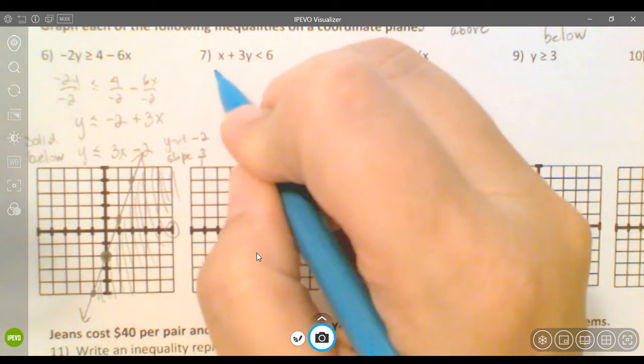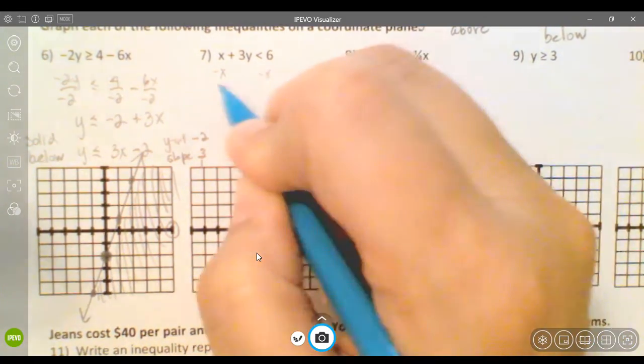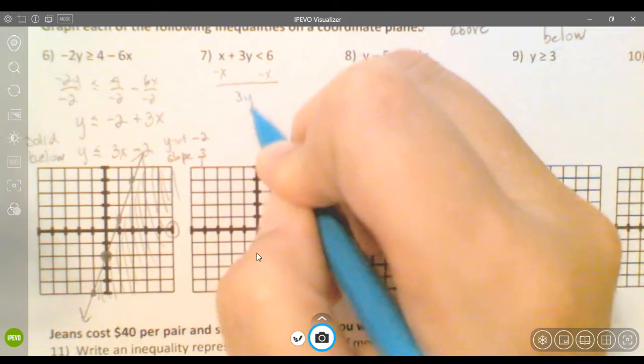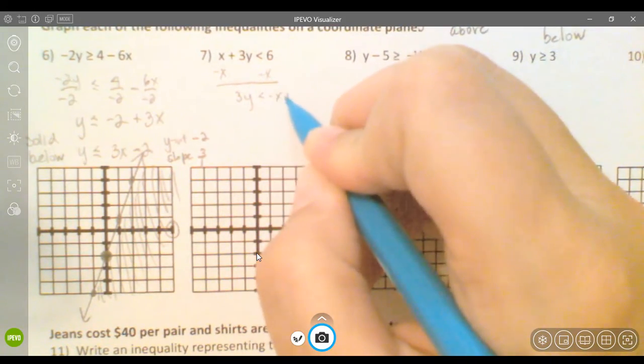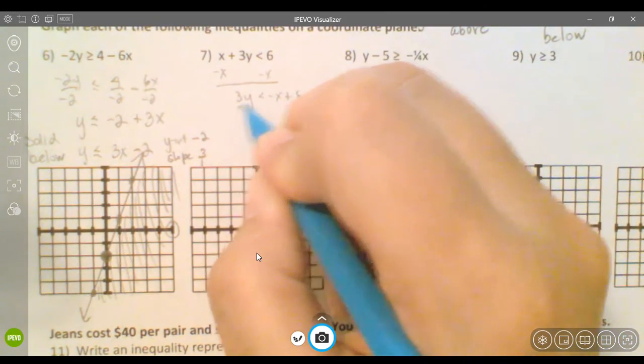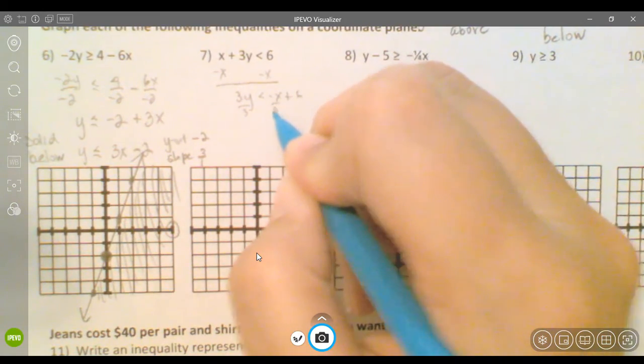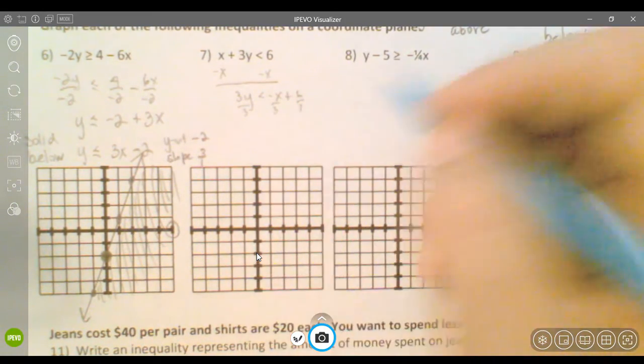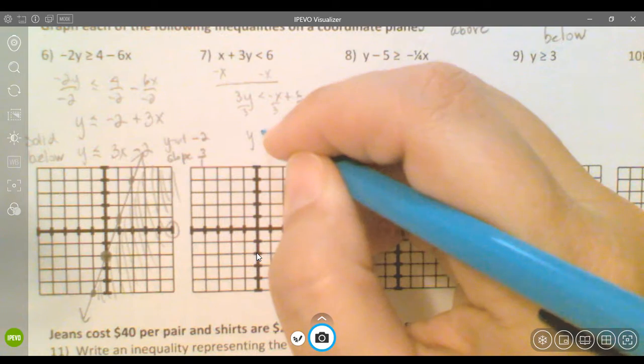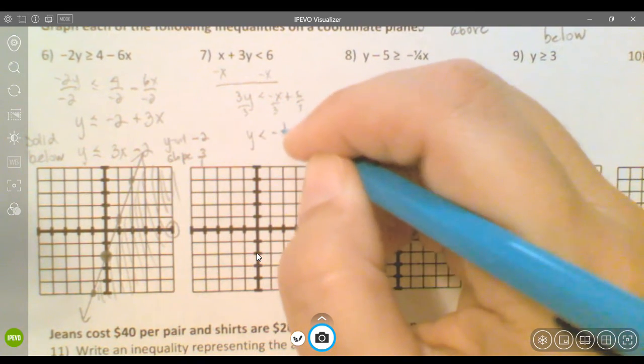For this one, to solve for y, we subtract the x. We get 3y is less than -x plus 6. And now everything divides by 3. I really should write that in the next step, but I sort of need the space.